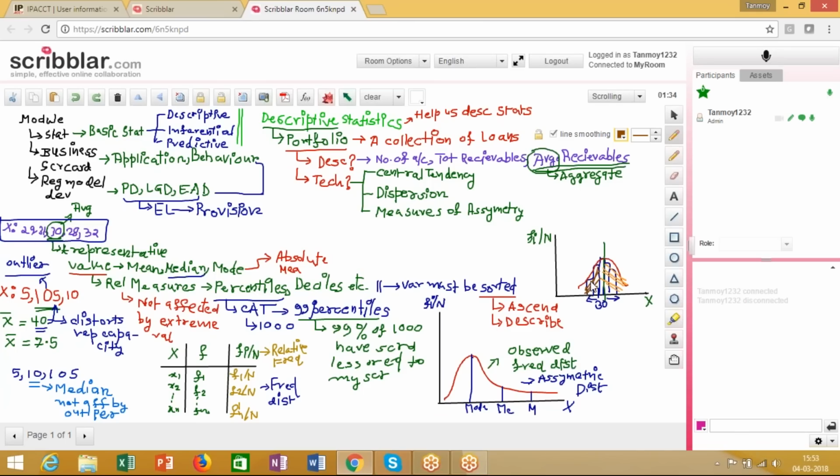So this is where I get to see that the distribution is more or less symmetric, or homogeneous in nature. And the intuitive interpretation of this is that this distribution is homogeneous in nature.